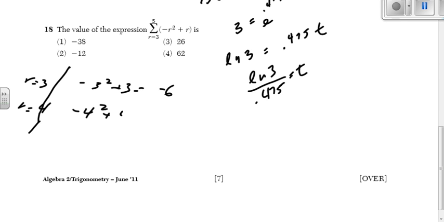That's equal to negative 12. Then 5 squared plus 5 is negative 20. Add them up, and you get negative 30.